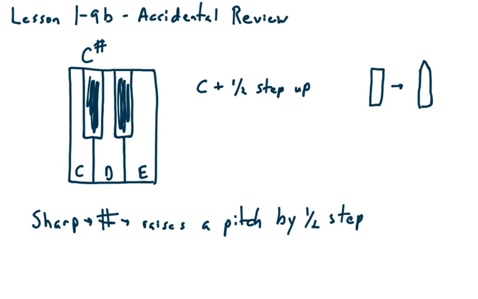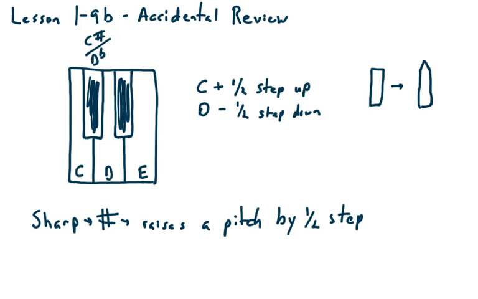All right? Now, if I go down one half step from D, D minus one half step down, that's going to be D flat. I'm going to make these just a little bit neater because I went a different way than I thought I was going to go. C sharp and D flat.